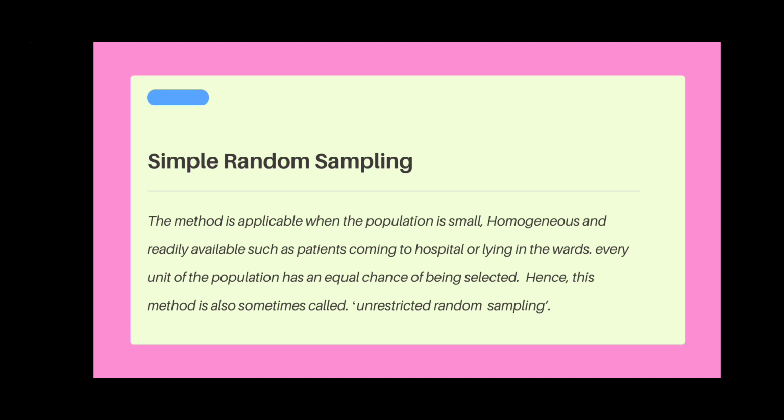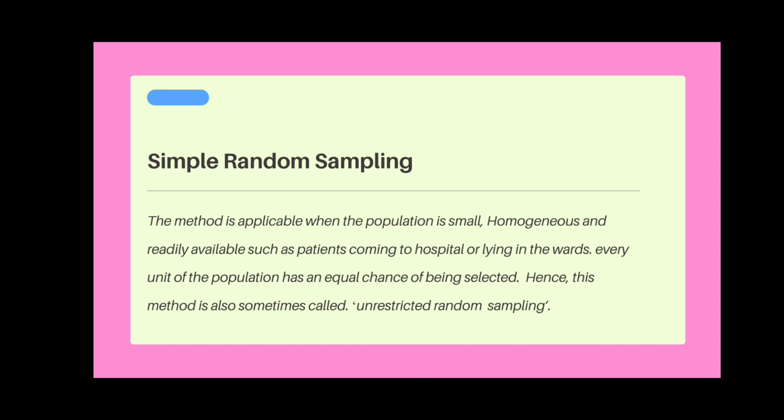It means if the population is small and homogeneous in nature, like all the subjects or all the persons in the population have approximately homogeneous characteristics, just like in a specific ward, most of the patients are in similar stages of disease.